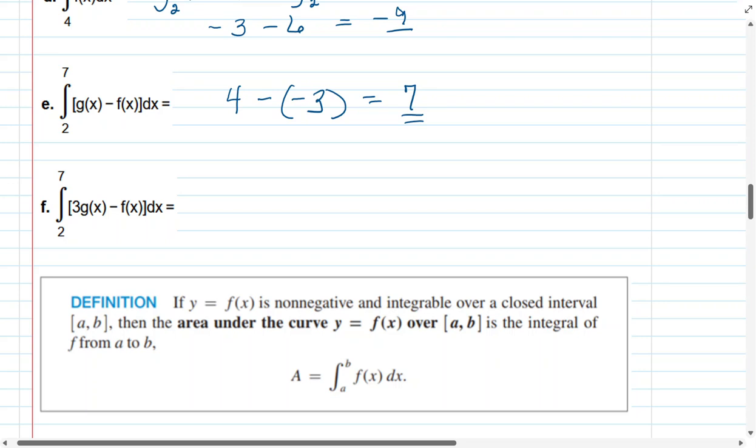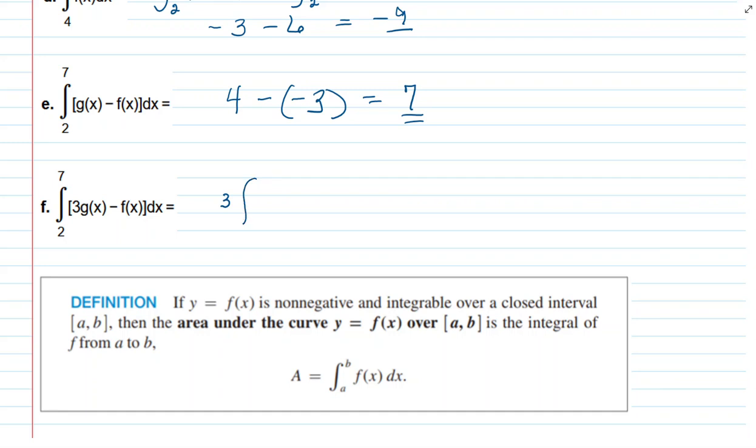Now this is a compilation of several things. We have 3 times the integral from 2 to 7 of g of x minus the integral from 2 to 7 of f of x.